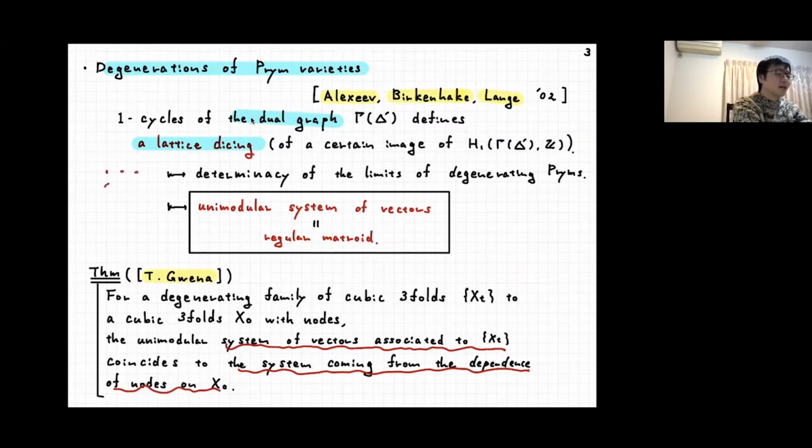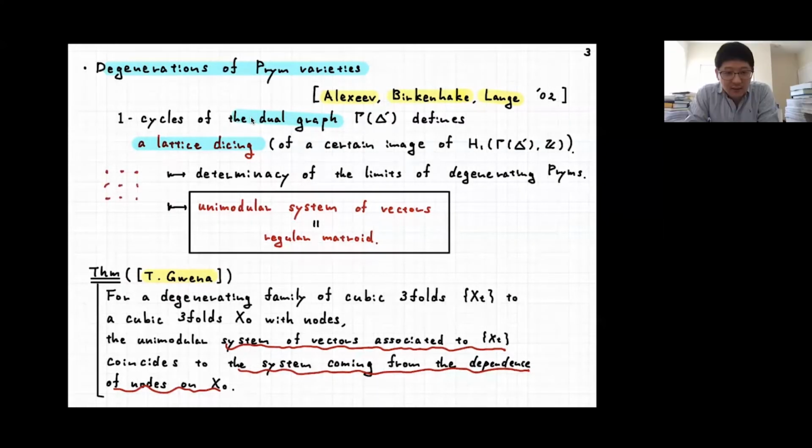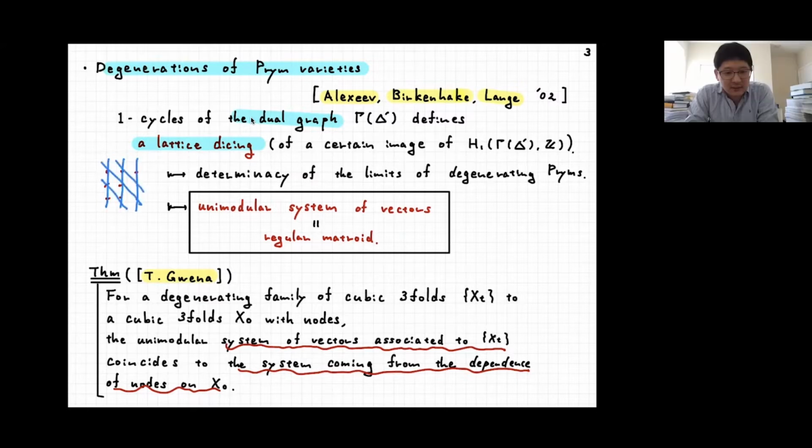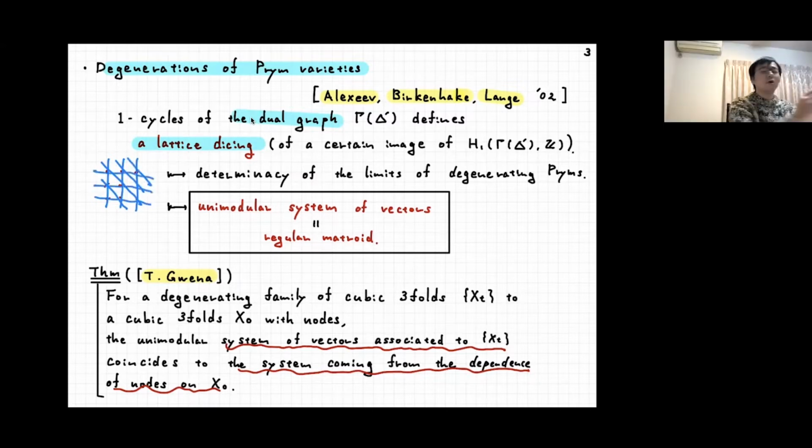If we have a lattice, then the lattice dicing is given by just a family of hyperplanes passing through the lattice points, so something like sections. Such a family of hyperplanes, such that the intersections pass through the lattice, is called the lattice dicing. And this lattice dicing is given by starting from, for example, a regular matroid or from the dual graph. I see.